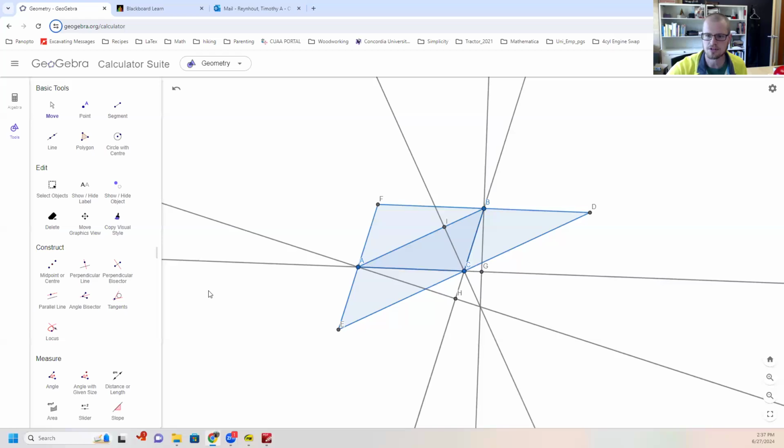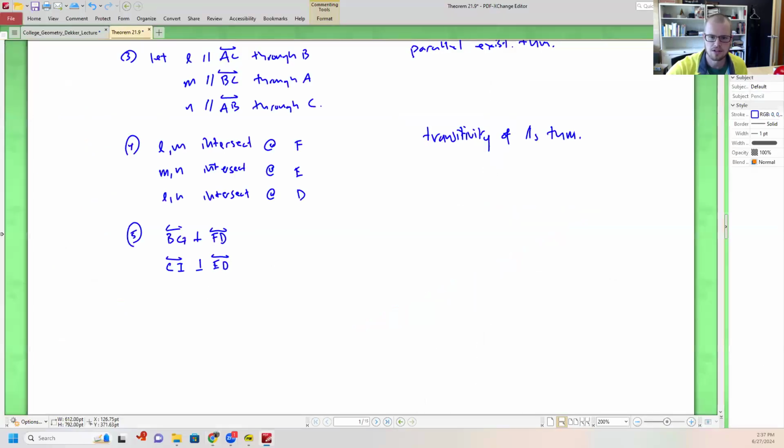AH is perpendicular to FE. And this is from the converse of the parallel perpendiculars corollary.